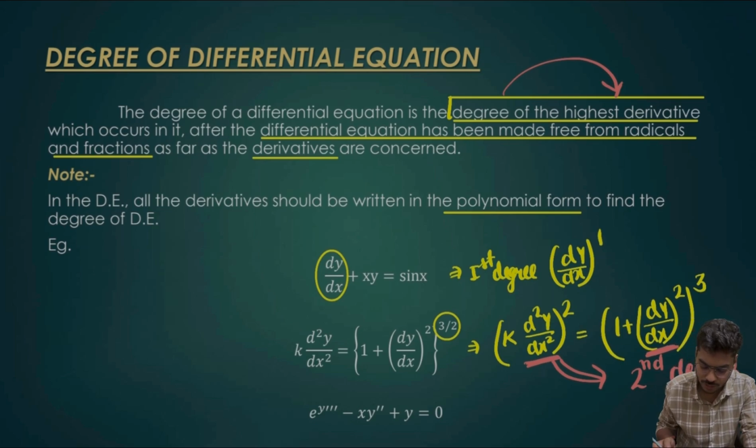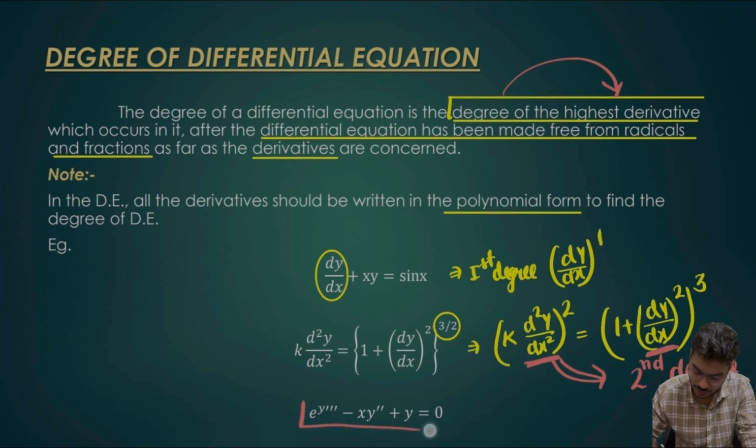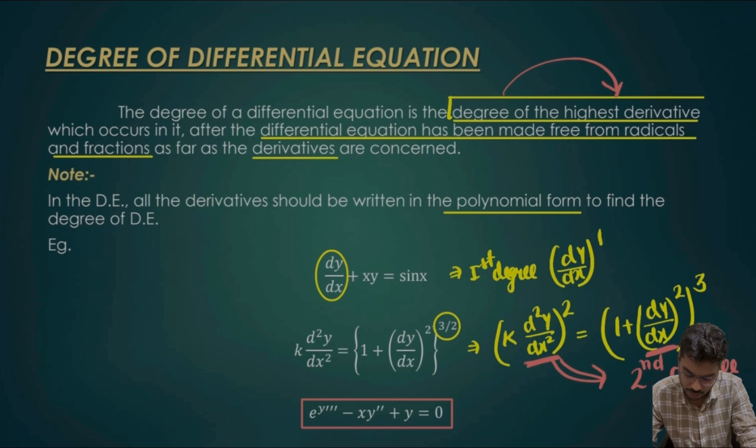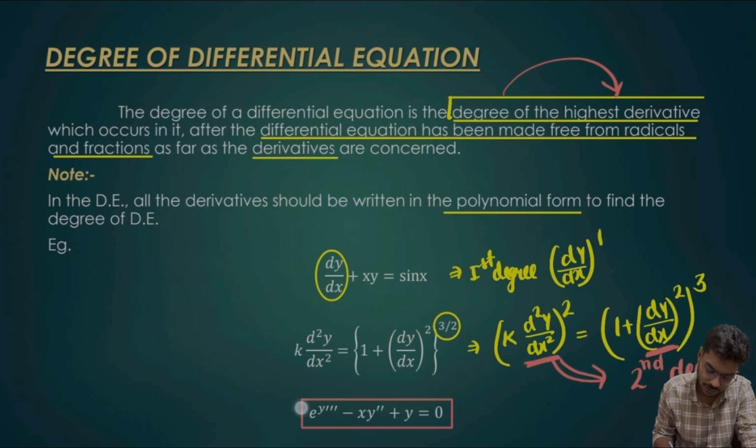Moving on to the third one. What is the third one? e to the power of the triple derivative, minus x times the double derivative, plus y equals 0. So can I say that this equation is in exponential format in terms of the derivative? How do we remove this? I will write the expansion of e to the power x.